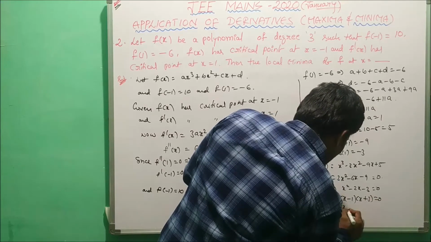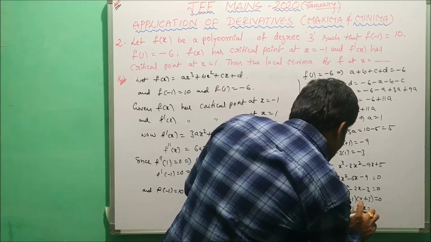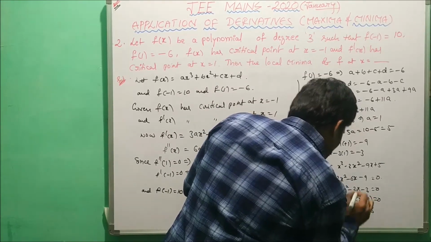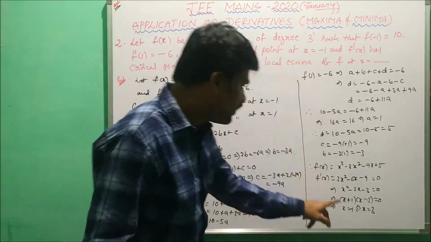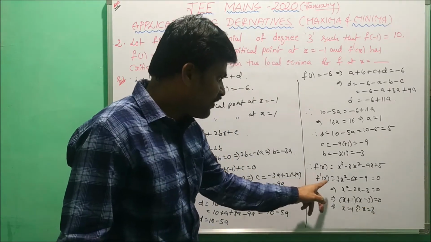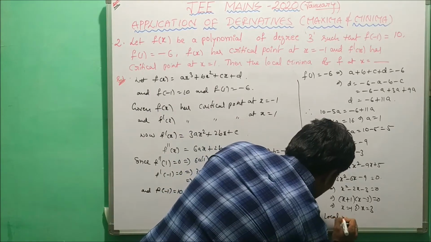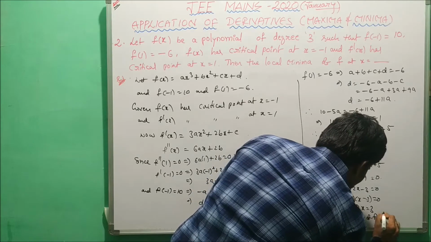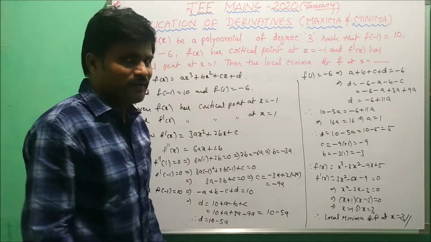Which implies x equals 3 or x equals minus 1, because f of x has a critical point at x equals minus 1. Therefore the local minimum of f is at x equals 3. So this is the solution for this question.